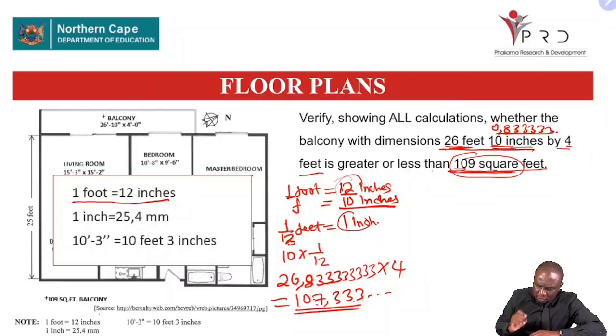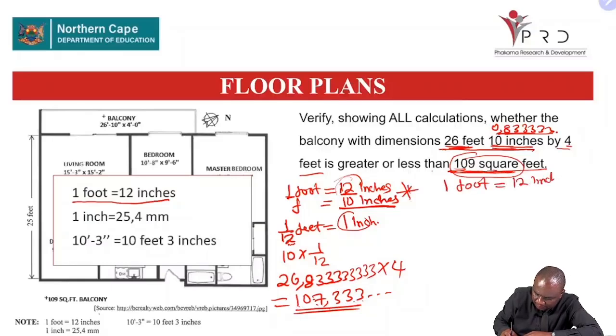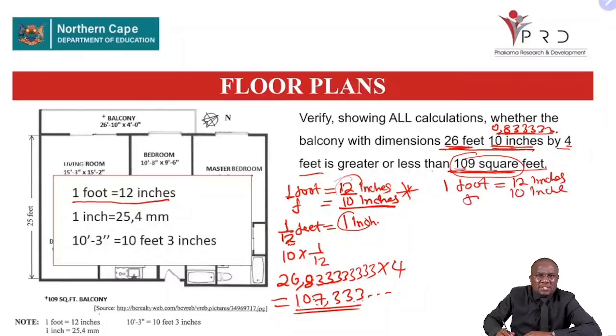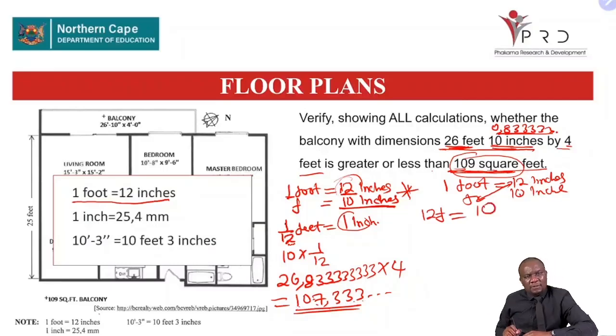Like cross multiplication, you could have used it here. You say 1 foot, 12 inches. What about 10 inches? Then you put your F there for your feet. Then cross multiply. 12 times F is 12F, then 10 times 1 is just 10. Remember, I said you ignore units when you cross multiply.